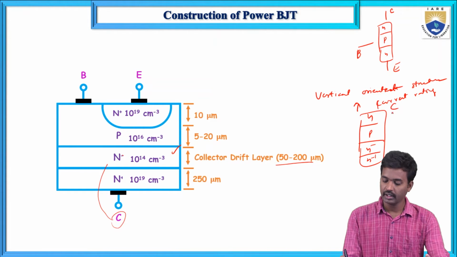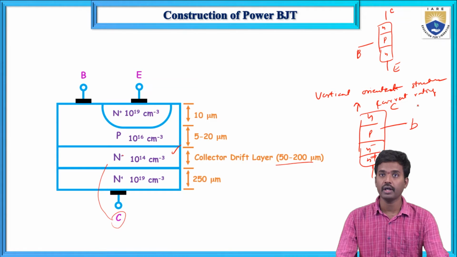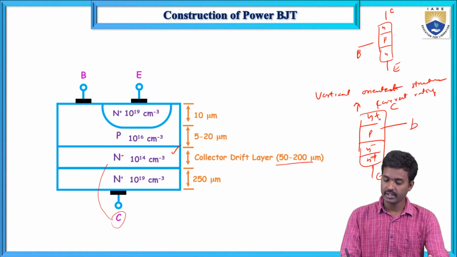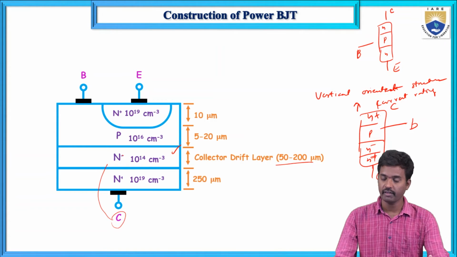This is the collector, this is the N plus emitter, and this is connected to the base. So it is a 4 layer device. Plus indicates heavily doped, minus indicates lightly doped, and no sign indicates the moderately doped layer. So this is regarding the construction of power BJT.